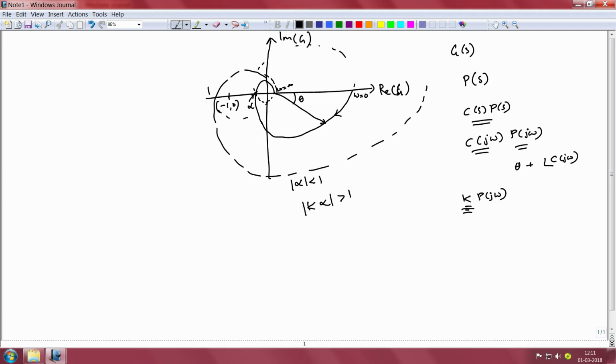Therefore the highest value of gain k that I can have and still ensure that my closed loop system is stable is given by k max is equal to 1 by magnitude of alpha. This value of gain k, which is the maximum that is permissible before our closed loop system becomes unstable, has a special name. This is called the gain margin.